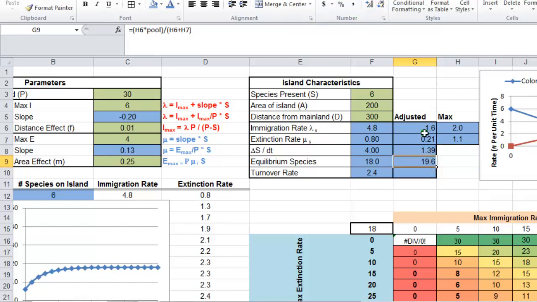So you can see here the idea is that under the equilibrium model, we end up with an equilibrium number of species. But with these adjustments, and the adjustments consider the area of the island and the distance from the island, we can see that that adjustment will change the equilibrium number of species.